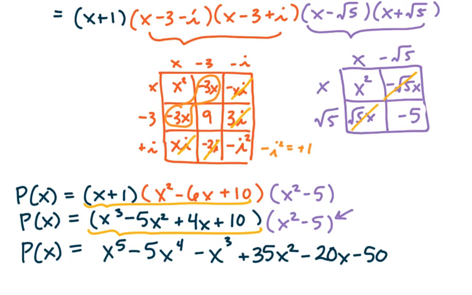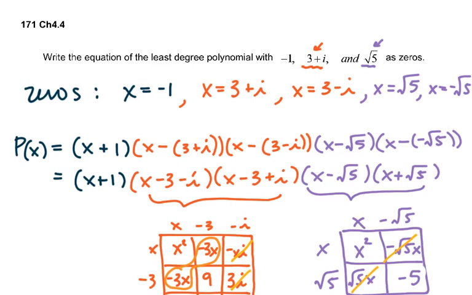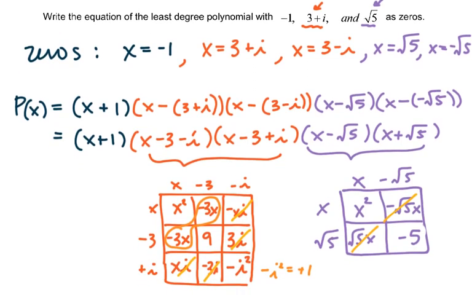So the final answer, the possible polynomial function of least degree, is x to the 5th minus 5x to the 4th minus x cubed plus 35x squared minus 20x minus 50. And of course, we expect to get x to the 5th as our highest power, our degree here, because we started with 5 zeros.